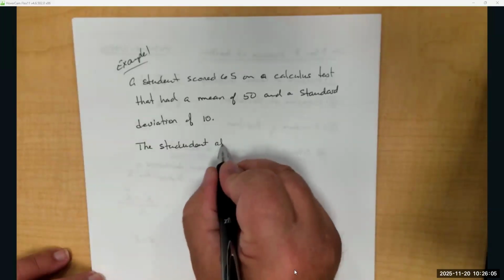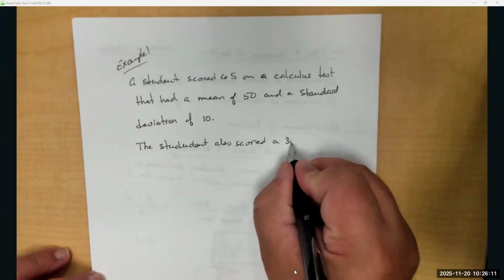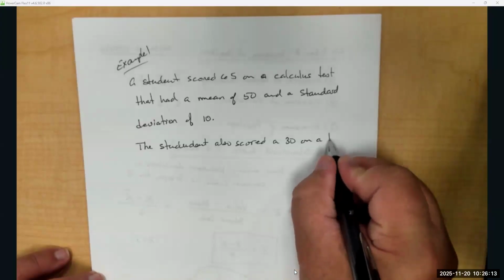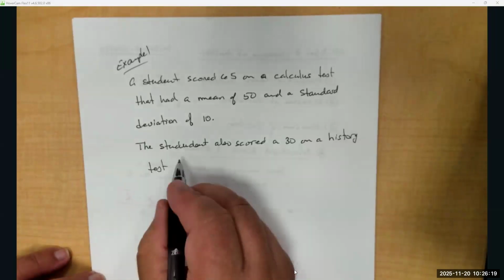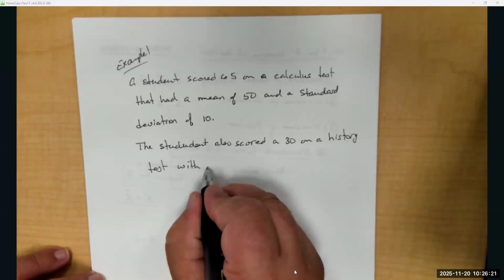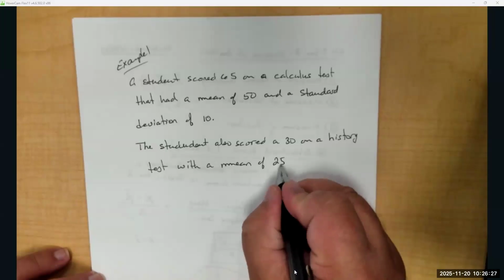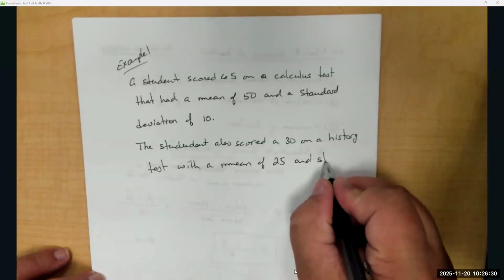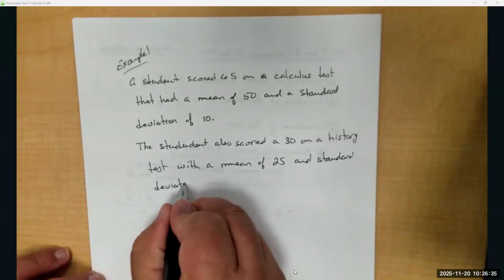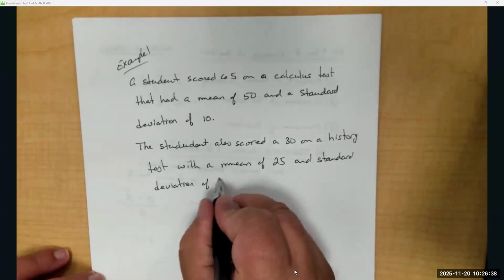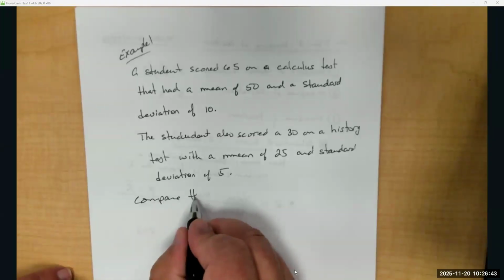The student also scored a 30 on a history exam with a mean of 25 and standard deviation of 5. Compare the two tests.